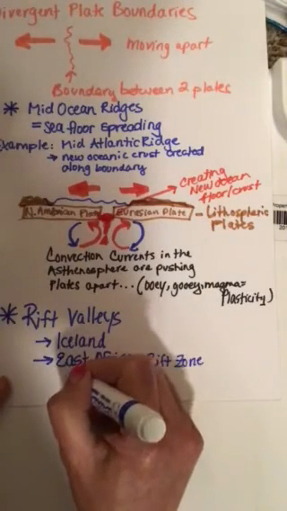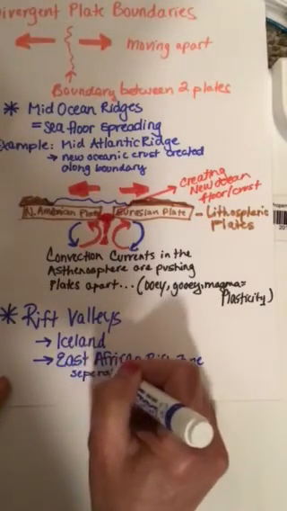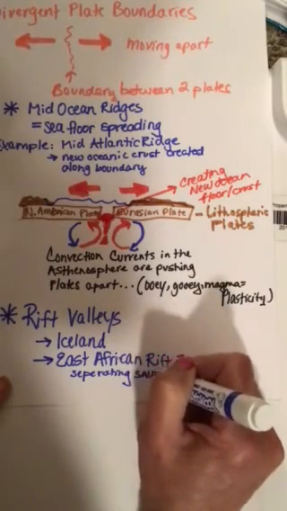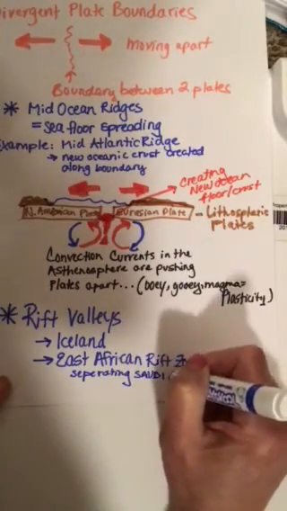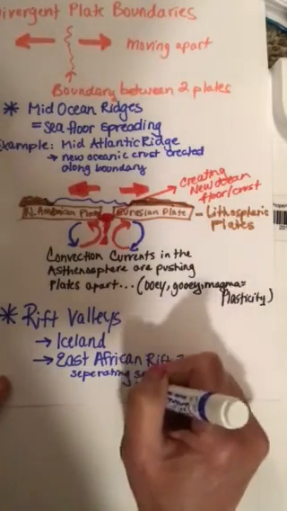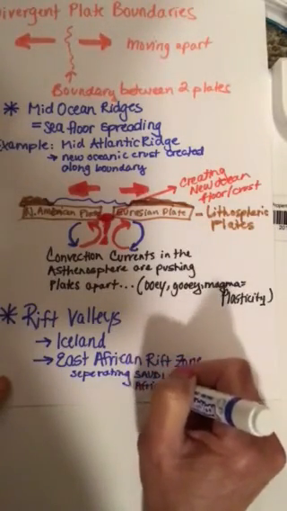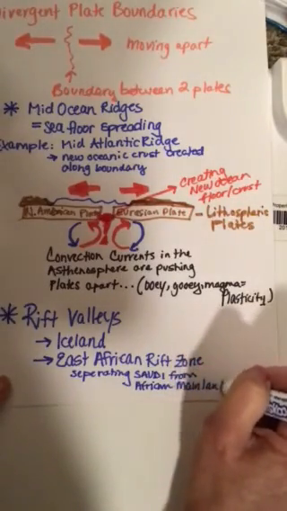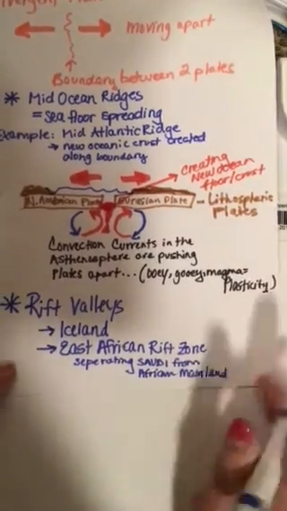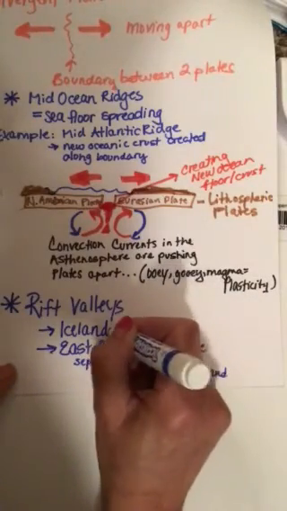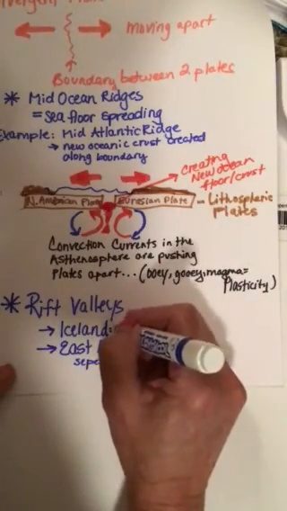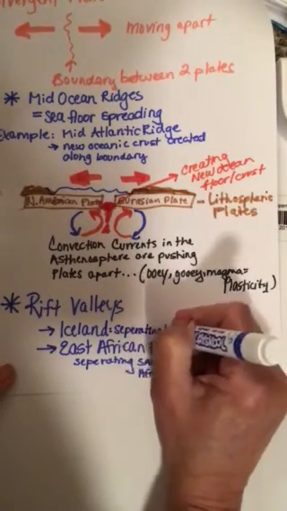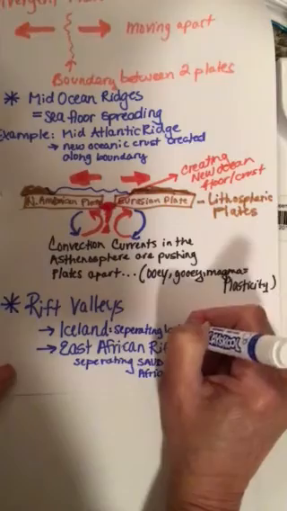Remember, this is separating Saudi Arabia from the African mainland. And in Iceland, it is separating Iceland into two lands.